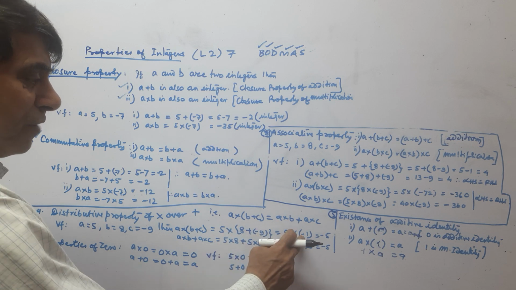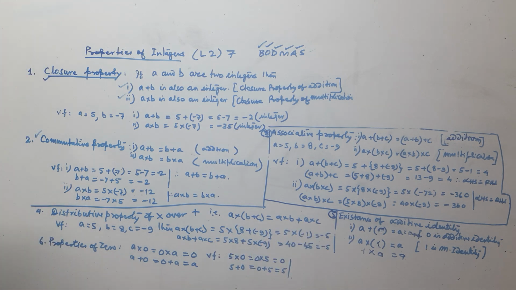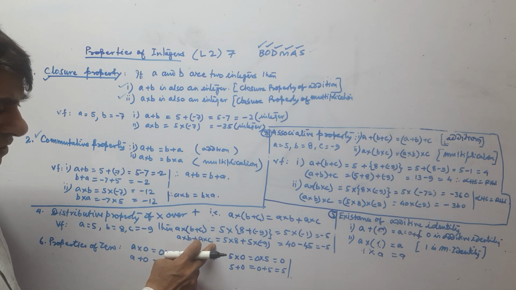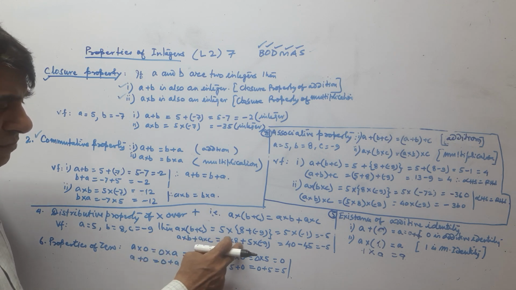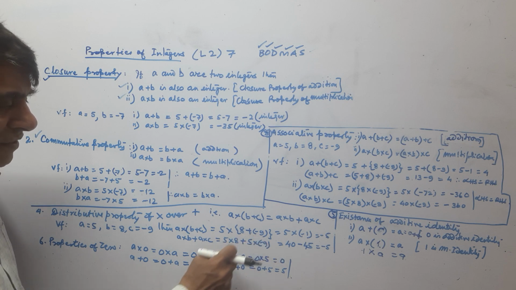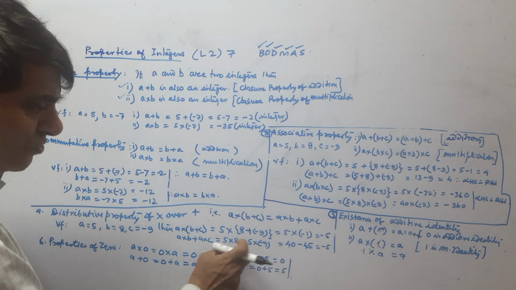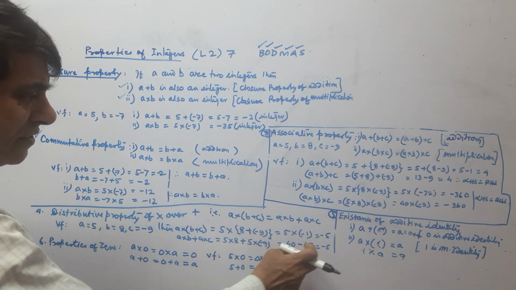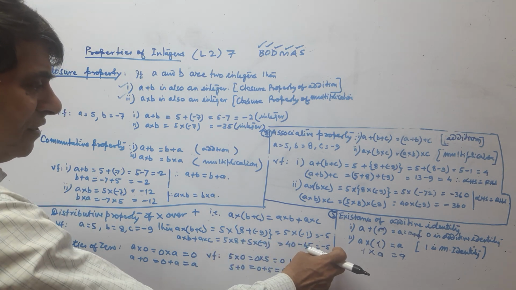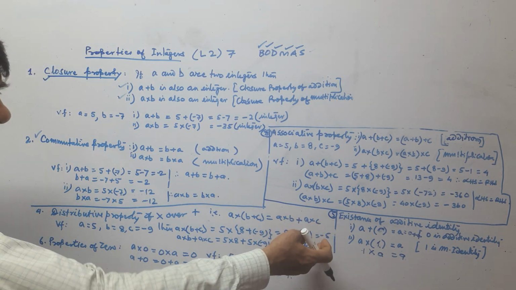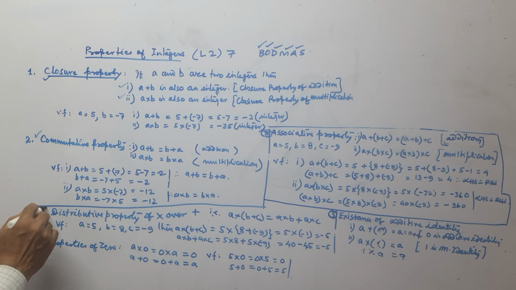First do this one, it is minus 1, then it is minus 5. Now see, a into b plus a into c is equal to 5 into 8 plus 5 into minus 9. Follow BODMAS. First multiplication, then addition. So multiply this one, 40, multiply this one, minus 45, then add, this is minus 5. So both are same. See, it is minus 5, this is minus 5. So the distributive property of multiplication over addition is verified.